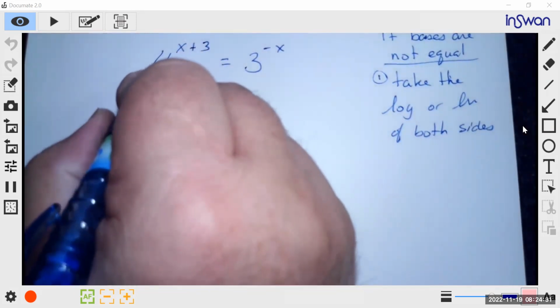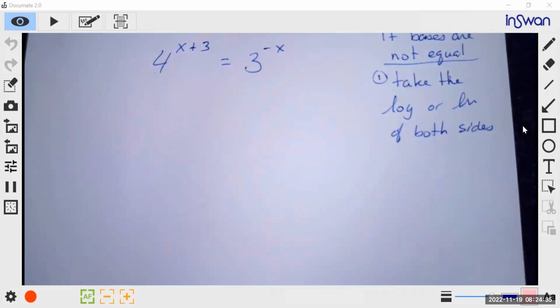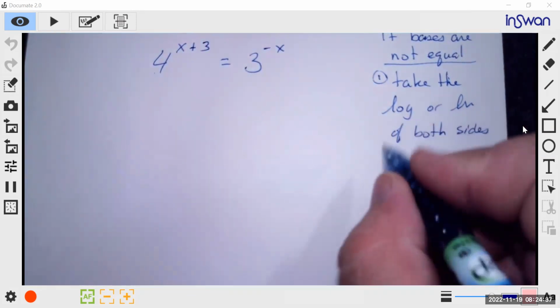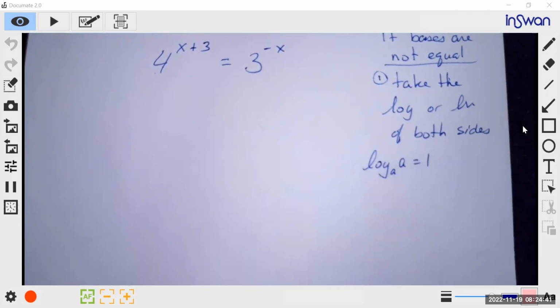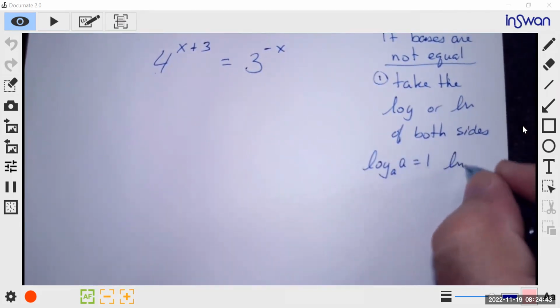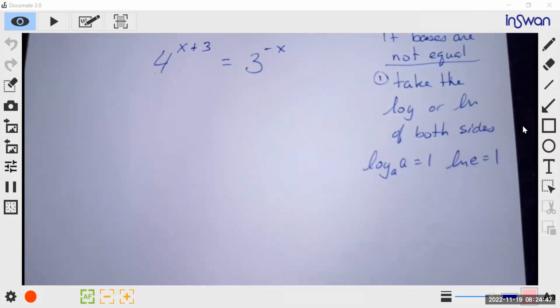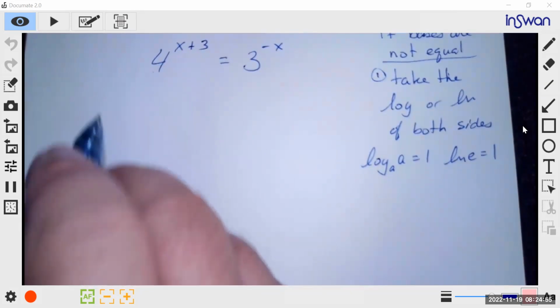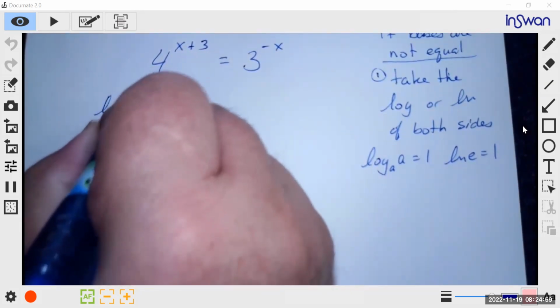You can take a log base 4 or log base 3, and that'll eliminate that number. Because remember, log base a of a is equal to 1. ln of e is equal to 1. So we'll do this in two ways. First one, I'm going to take the log of both sides.